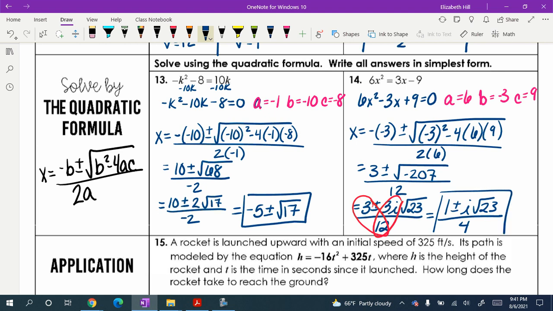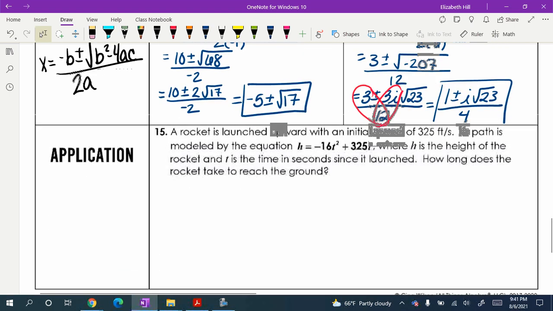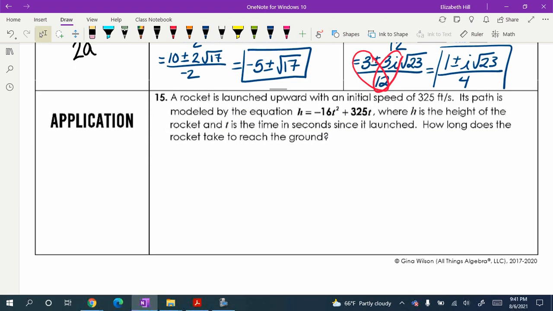Now, where the quadratic formula really does come in handy is when you are starting to work with some application type problems, doing some estimating, so we'll see that later on there. Here you have a function. If any of you guys have done physics yet, you've probably talked about vertical motion, gravity.